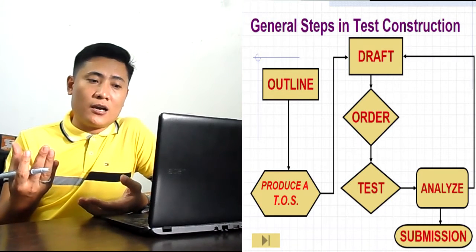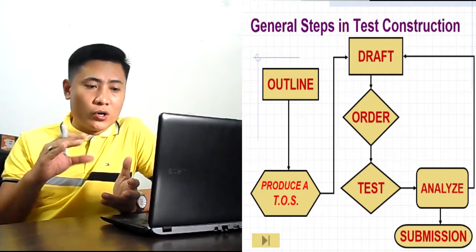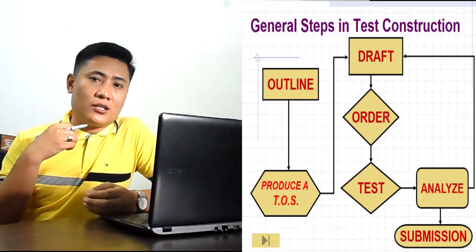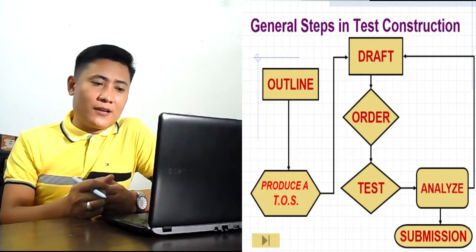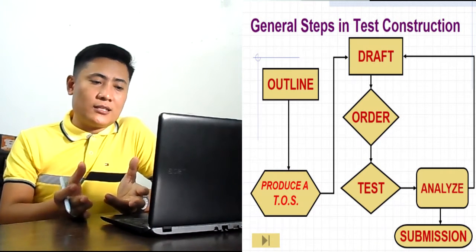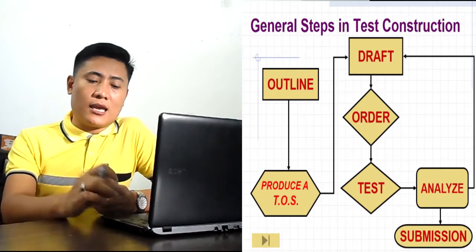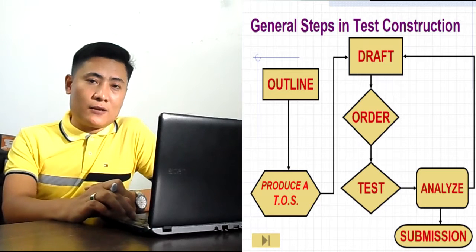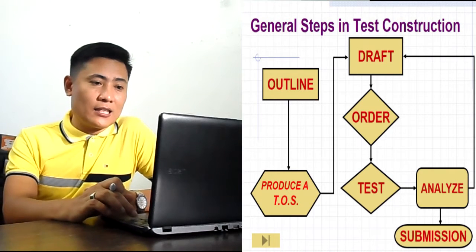After that, do the ordering, and then face validation. You do the content validation, and then that's the time that the test will be analyzed and submitted as final copy for pilot testing.